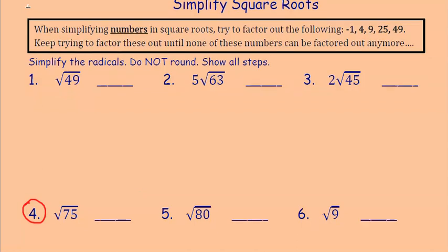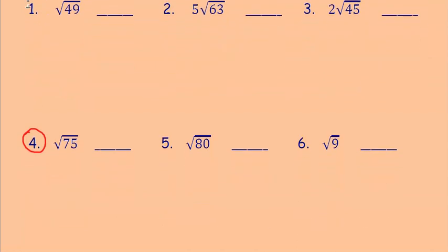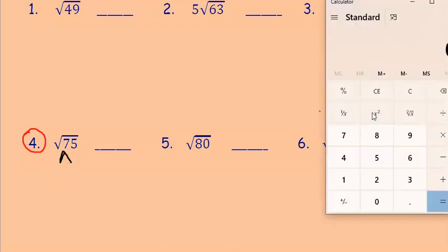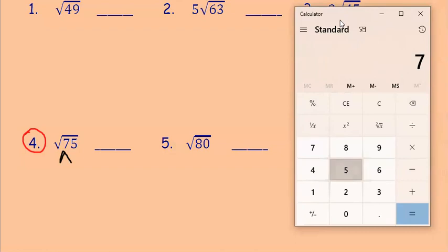Let's go ahead and go over number 4, the square root of 75. If we try to divide 75 by 4, we get a decimal, so we're going to skip to the next number. 75 divided by 9. That also gives you a decimal. So now we're going to try 75 divided by 25.